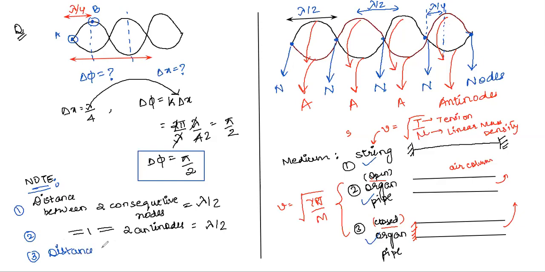Distance between adjacent node and antinode is given as lambda by 4. Please take this down, class.